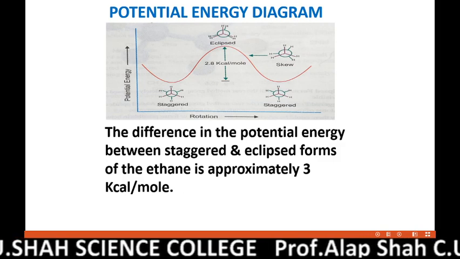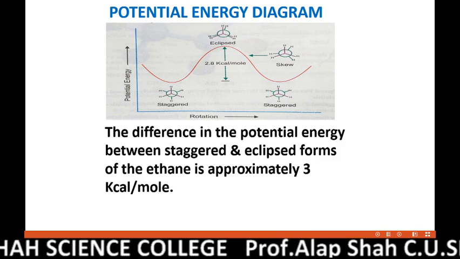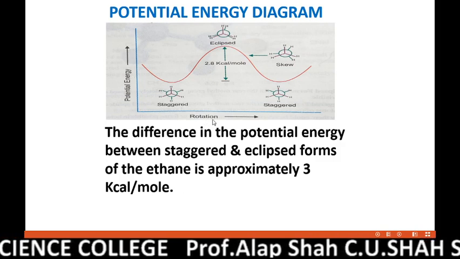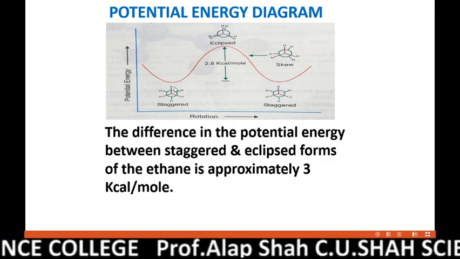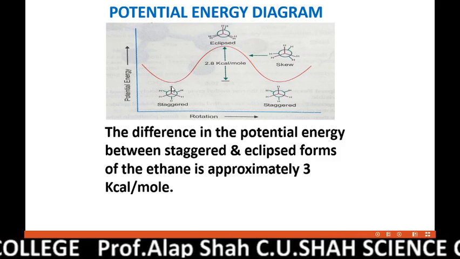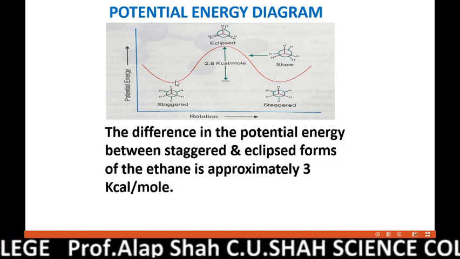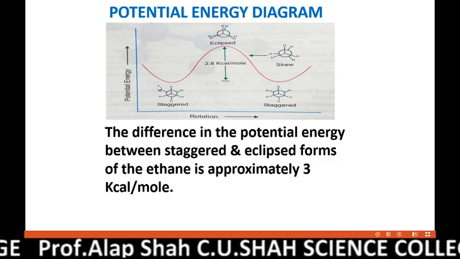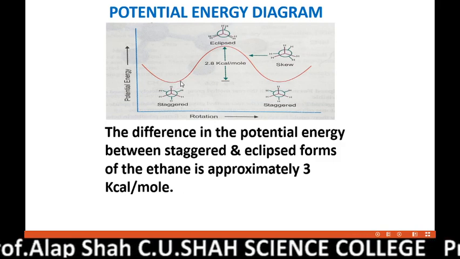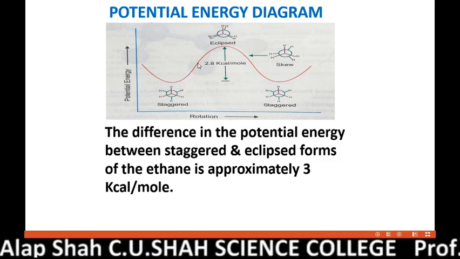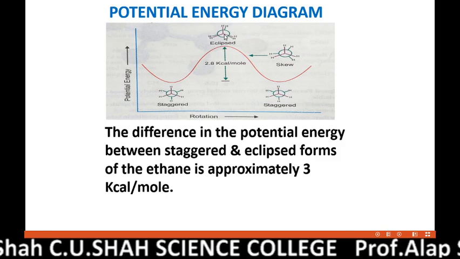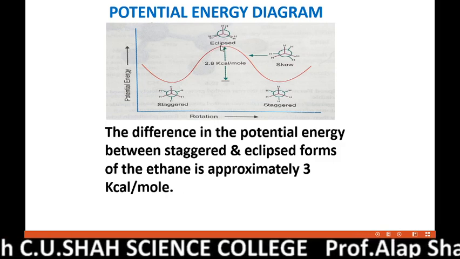Now let us discuss its potential energy diagram. On the y-axis there is potential energy, on the x-axis rotation. Here this is the first staggered conformer. As we have already discussed, it is most stable, so least energetic. So you can see that its energy is least. Now when we start rotating the molecule, we get so many skew forms, and exactly at 60 degree we get eclipse. So at 60 degree staggered converts into eclipse.